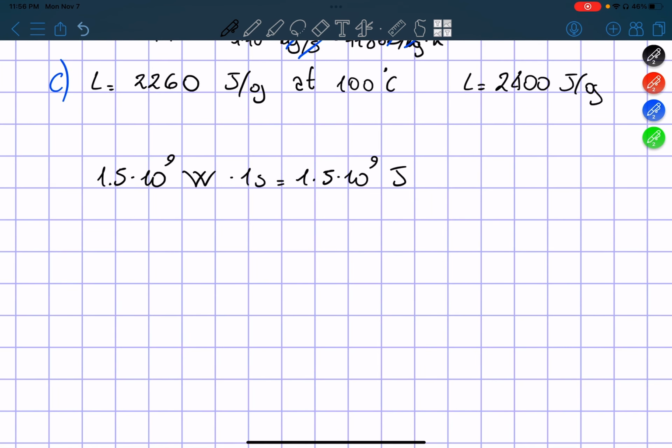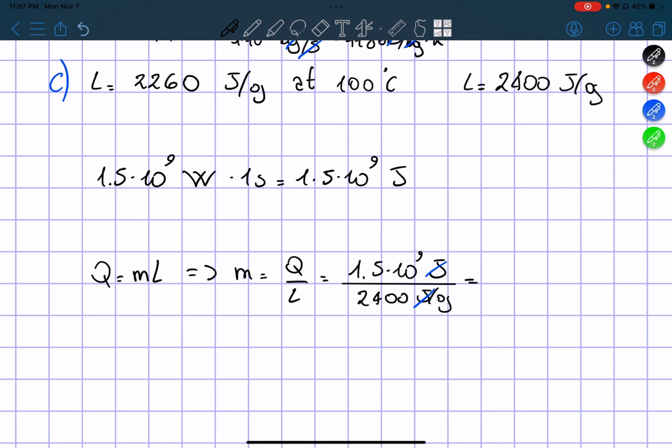Q is equal to mass times latent heat, so the mass is equal to Q divided by latent heat, which is 1.5 times 10 to the power of 9 joules divided by 2,400 joules per gram.